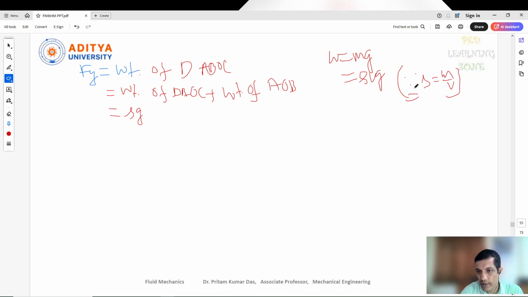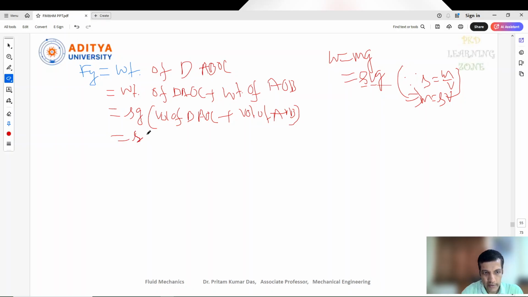The same applies to both, so I'll take rho g common from both. Finally we get the volume of DAOC plus the volume of AOB. Both volumes we need to write now.